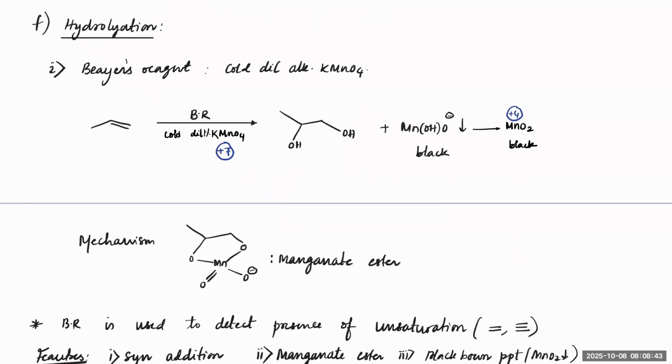Next, hydroxylation. Baeyer's reagent. Baeyer's reagent is cold dilute alkaline KMnO4. The oxidation state of manganese here is +7, and there is a syn addition happening. So this is a syn hydroxylation.